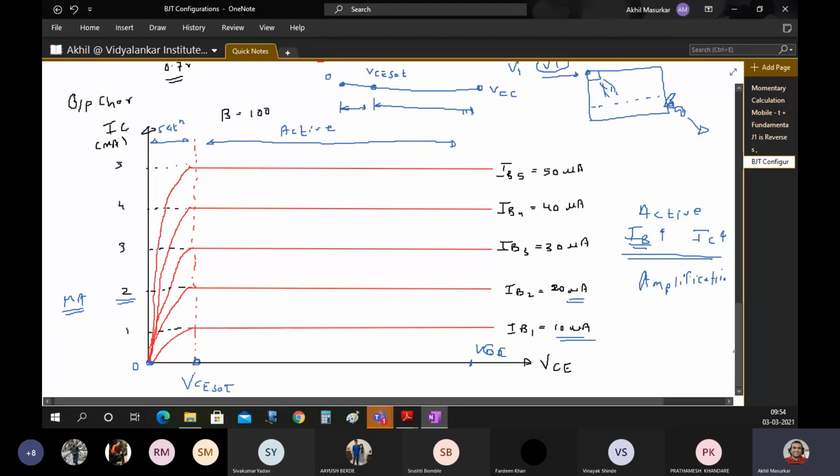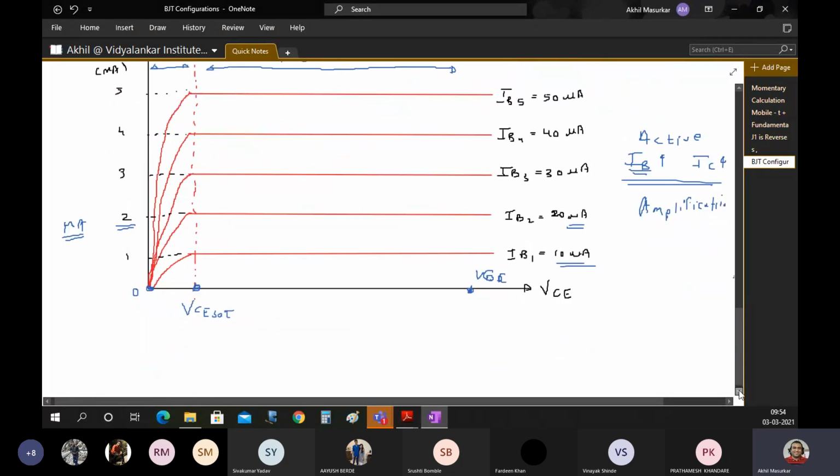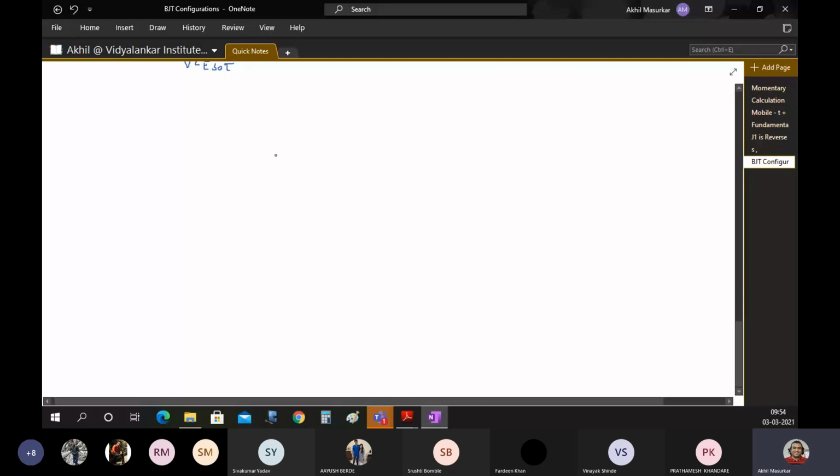Now in this second case, what happens here is that you are injecting some electrons at a certain rate.